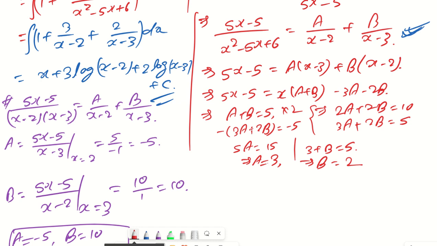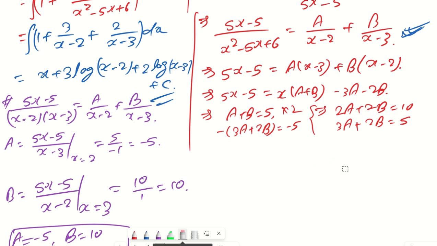If you do this, we have these two equations. If you subtract them, what will you get? Minus a will be equal to 2a minus 3a, that is minus a is equal to 10 minus 5. So that will become a equal to minus 5.